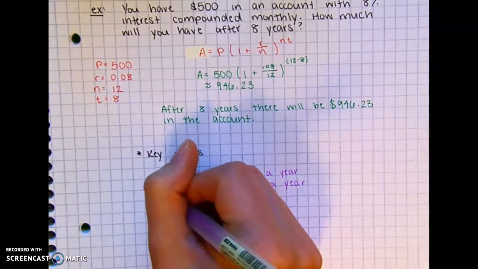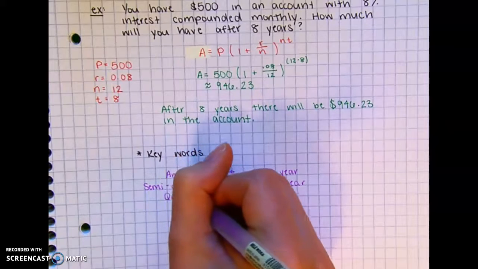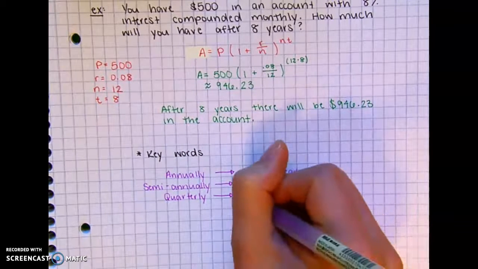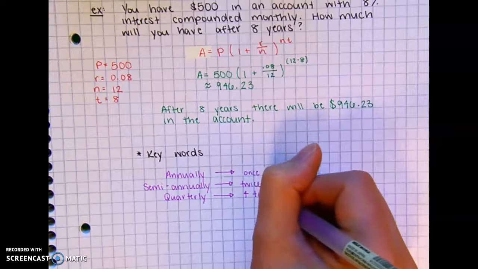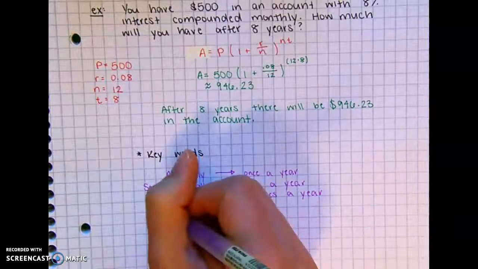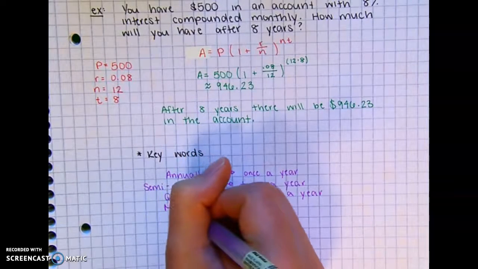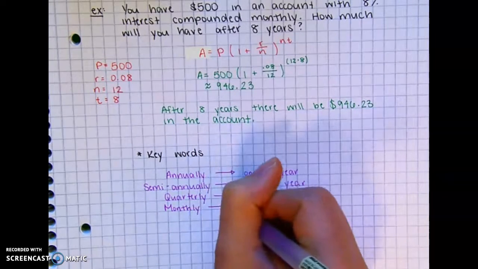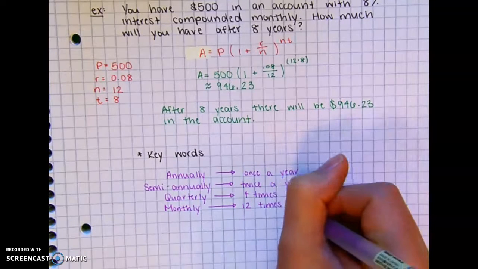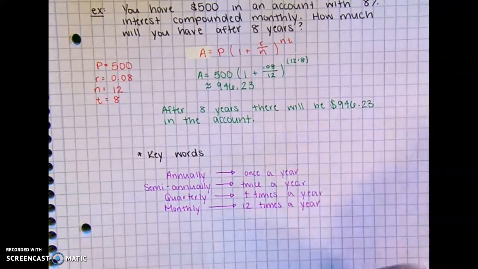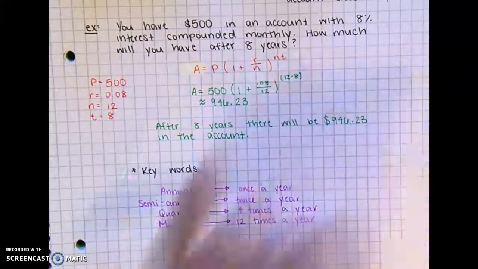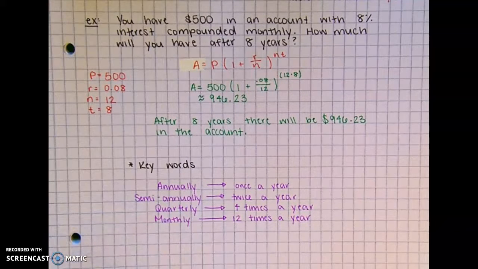Quarterly, four times a year. Monthly, 12 times a year. So this vocab could be thrown in to help you know what N is going to be. You need to make sure you are familiar with these keywords.